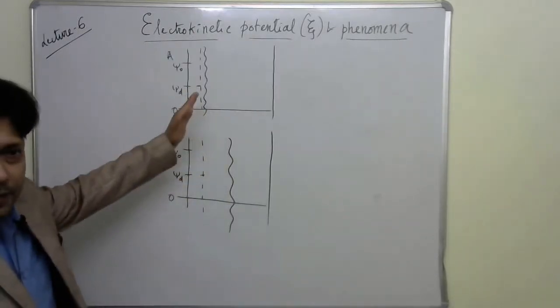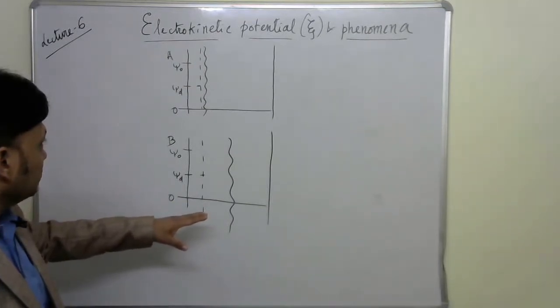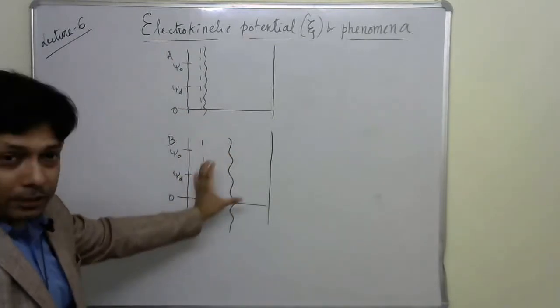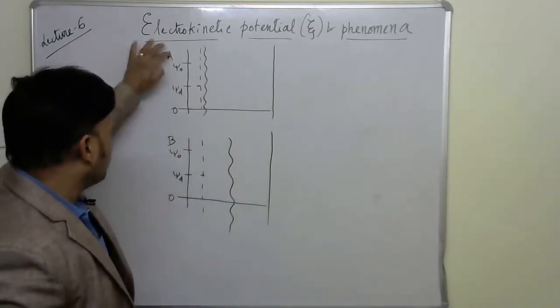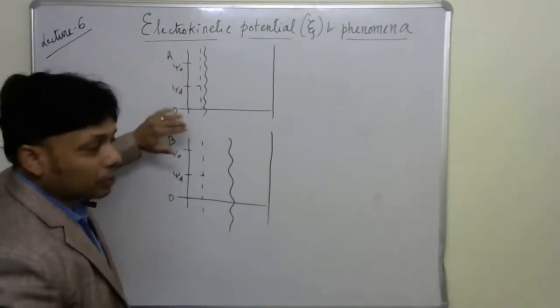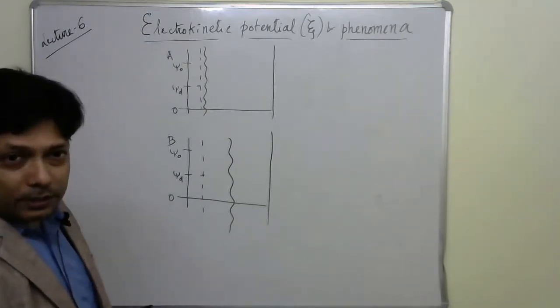So we have another situation where you see the diffuse layer thickness is identical in both A and B. This is the psi 0 in both cases identical, and psi d assumed to be 50% of psi 0 in both cases identical. So we have to define the zeta potential.